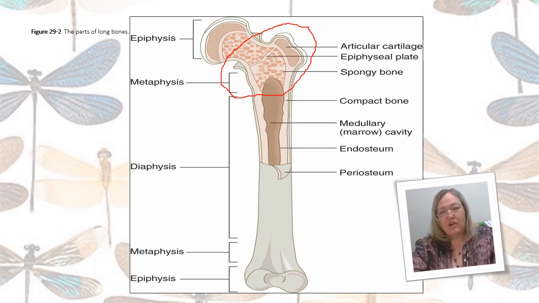Different things can cause that to close early. Other things that can happen are if we have breakages that cross the epiphyseal line, that can also interfere with growth, and we'll talk more about that in another slide. But make sure that you do review this part of the anatomy.